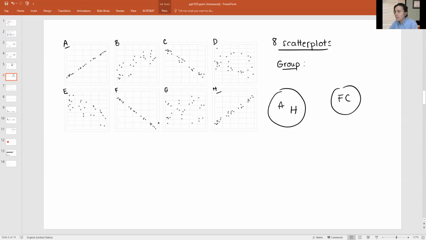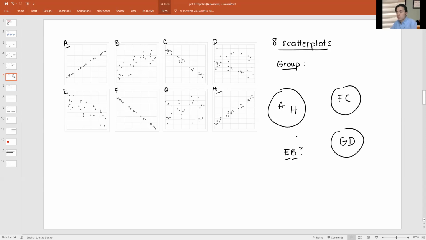And then you have G and D, which have no real association. What happens with E and B? Where do E and B fall? Based on this classification, what is the most appropriate group for each E and B?